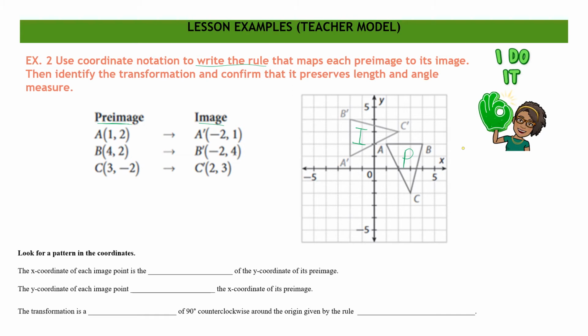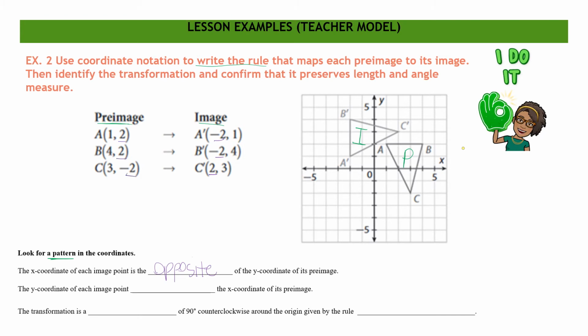All right, so once again, we're going to look for a pattern so we can go ahead and write that rule. First, let's look at the x coordinates. The x coordinates of each image point are -2, -2, and 2. We see that the x coordinate of each image point is the opposite of the y coordinate in the pre-image.